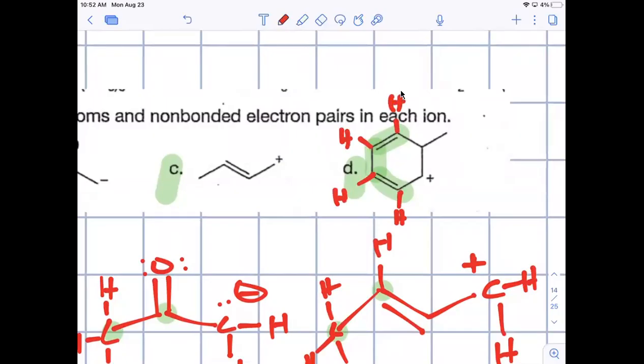Carbon only forms how many bonds? 4. What about here? How many bonds does it have that you can see? 3. Good. So the 4th bond is understood. If it's not another atom, it's understood to be hydrogen.